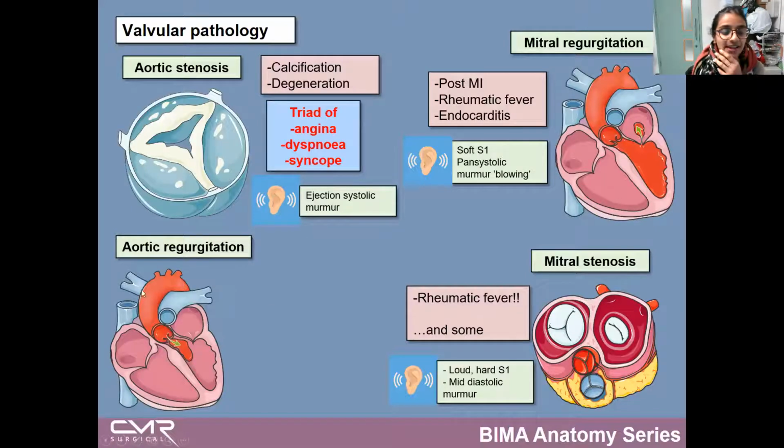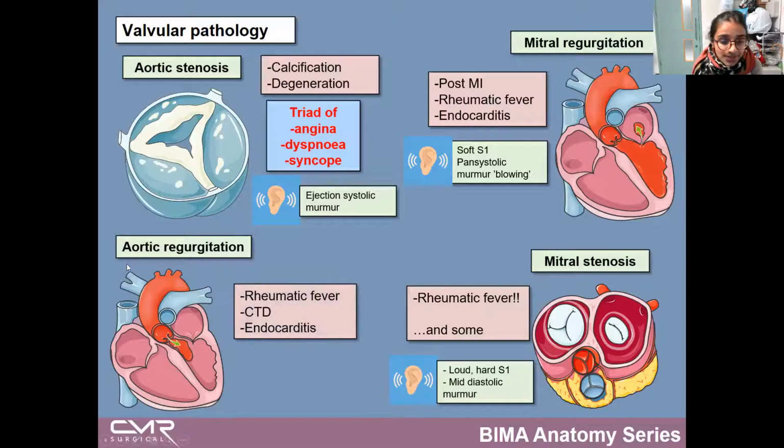All right, then we've got aortic regurg, which I'd say is probably as common as mitral stenosis in clinical presentations. So aortic stenosis is the most common, then mitral regurg, and then mitral stenosis and aortic regurg come along. What are the causes?